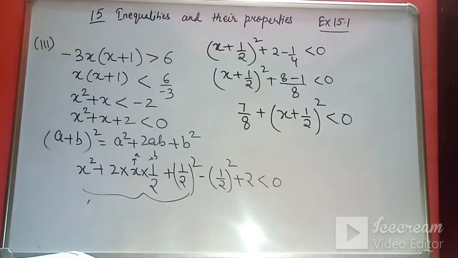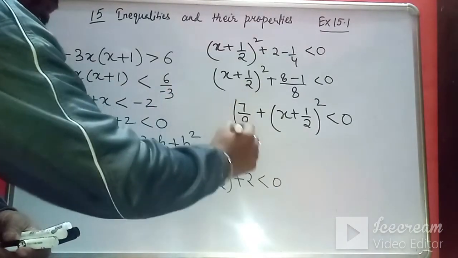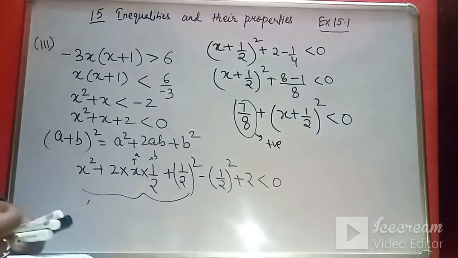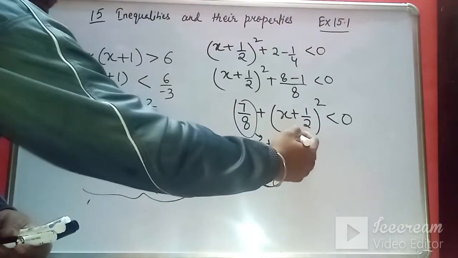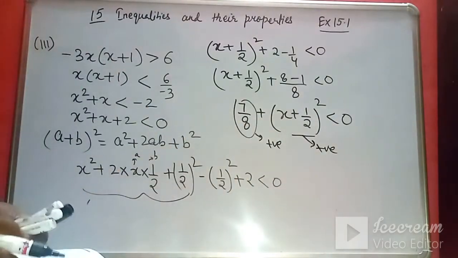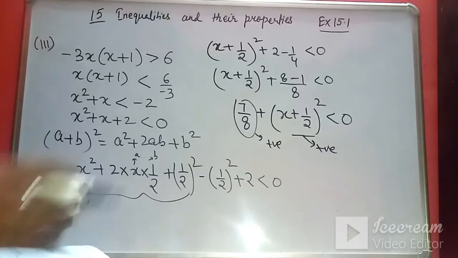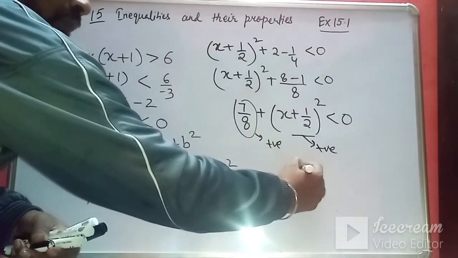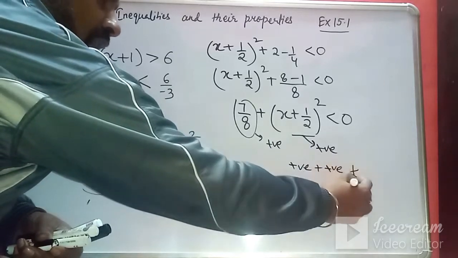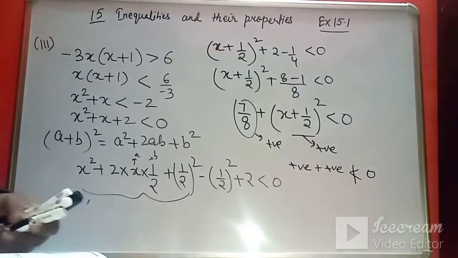Okay, now if you see very carefully, this is a positive number, and what we know about the square, this is also a positive number. So when you add two positive numbers, then it can never be less than 0.